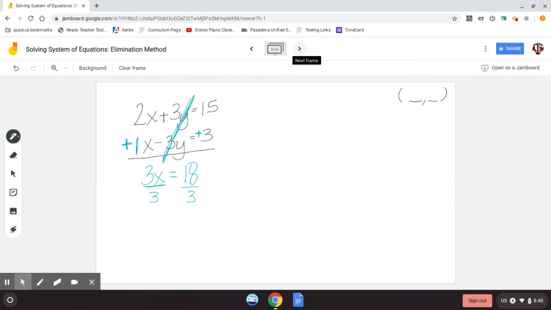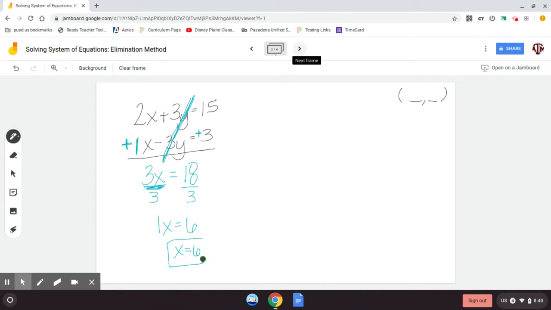So I did it on the left side of the equal sign and then the right side. 3 divided by 3 is 1, and then the x follows it. And 18 divided by 3 is 6. And we know 1x is the same as just x.